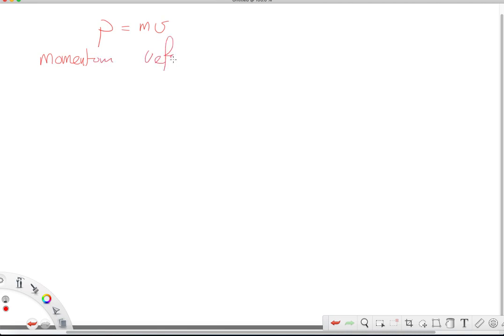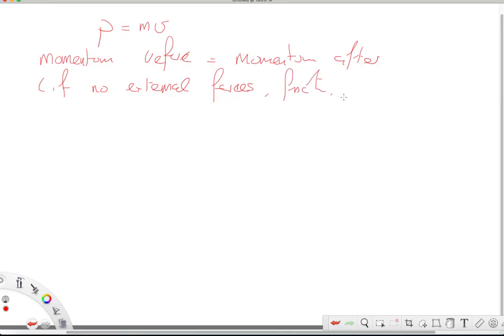Momentum before an event equals momentum after an event, if we have no external forces, like friction or weight, for example. It could be magnetic, could be electric, any force which is outside of the system.